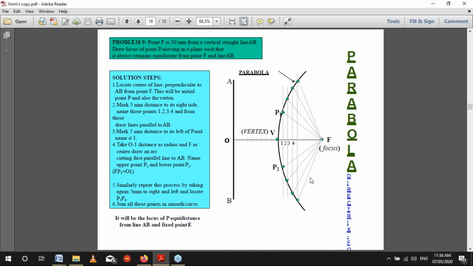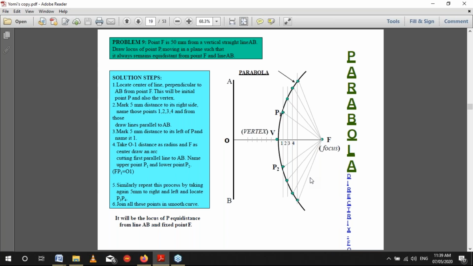We also have the hyperbola. I said a hyperbola is defined as a curve traced by a point moving in a plane such that the difference between its distances from two fixed points in the same plane is always the same.